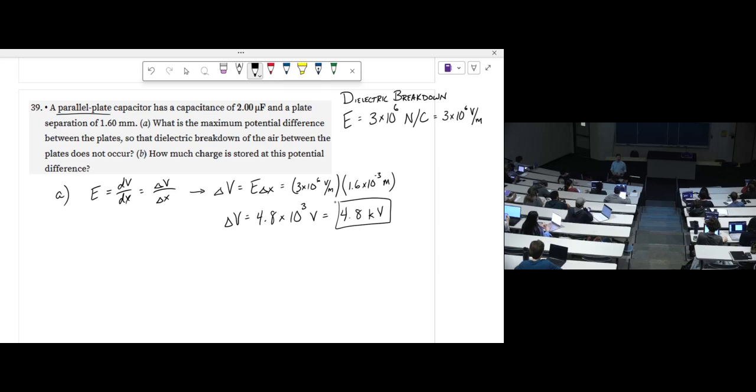Makes me want to go back to our advanced lab at Harding where we had a 6,000 volt power supply and connect one of our lab parallel plate capacitors and see if we can start getting charge to arc across. Super dangerous. Not recommended. It almost makes me wonder if it would short out so quickly and so frequently that you'd end up melting some wires or some plates.